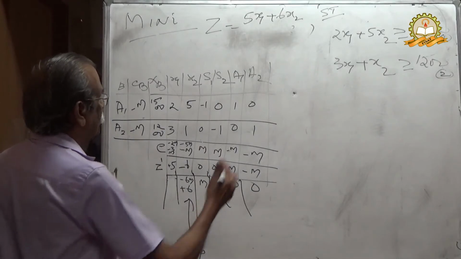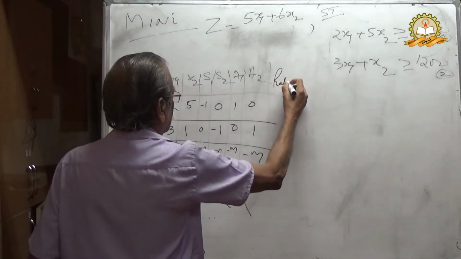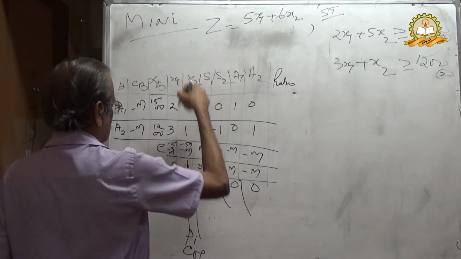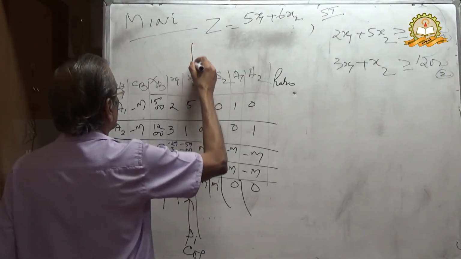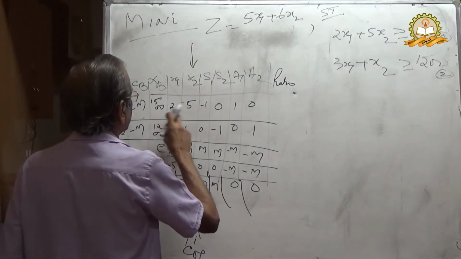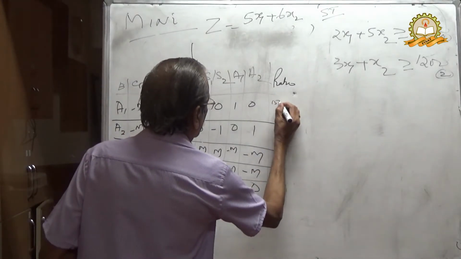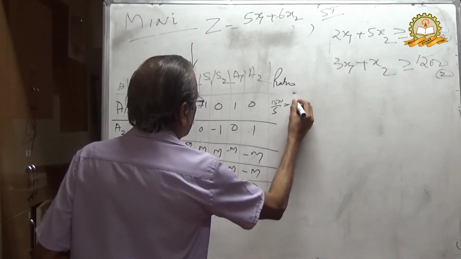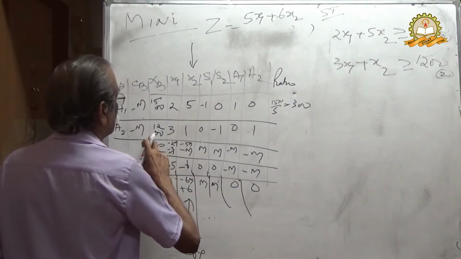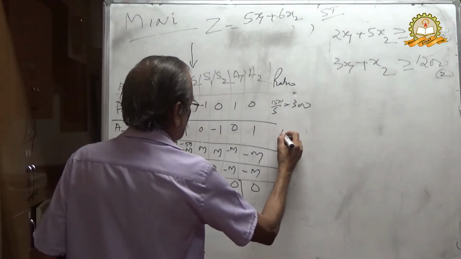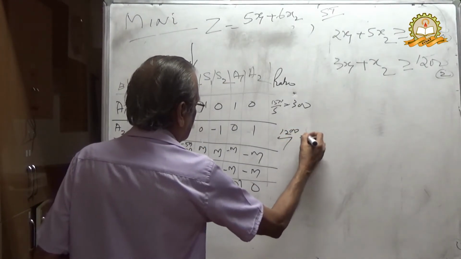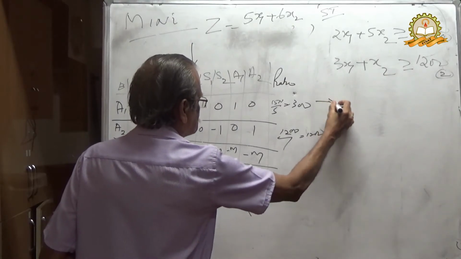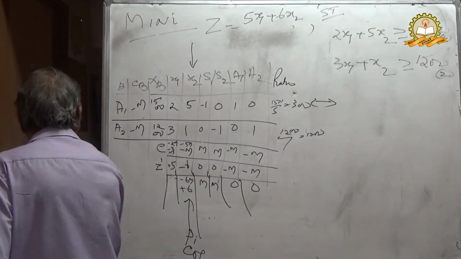And find the ratio. Since x2 is your pivot column, you write 1500 by 5 equals 300, then 1200 by 1 equals 1200. Therefore, this is your pivot row.